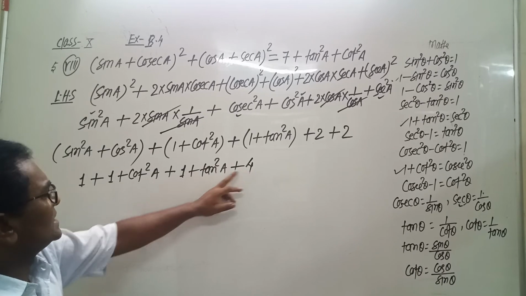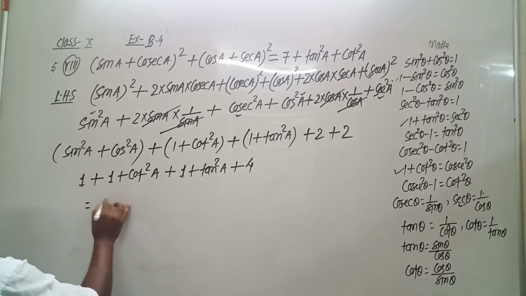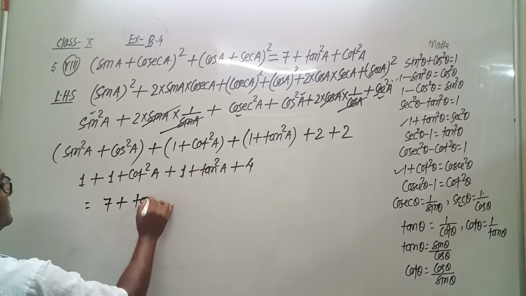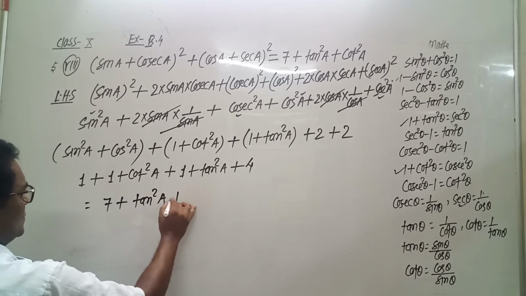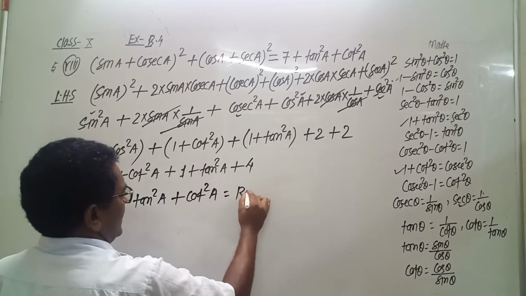So 4 plus 1 is 5, 5 plus 1 is 6, plus 1 is 7. So it becomes 7 plus tan square A plus cot square A. So this is RHS.